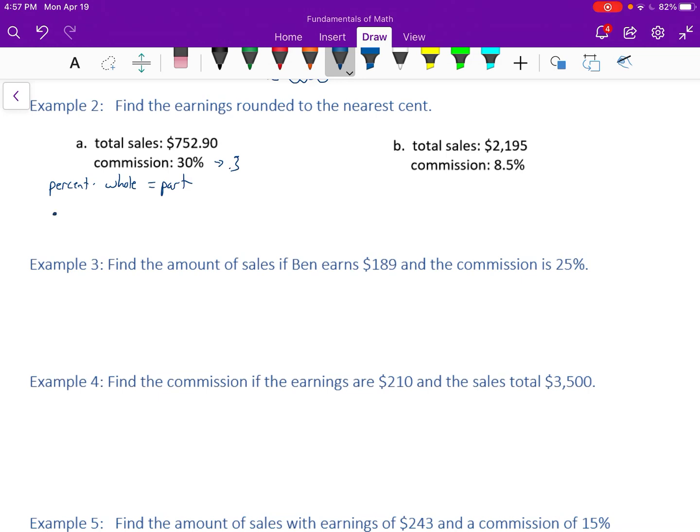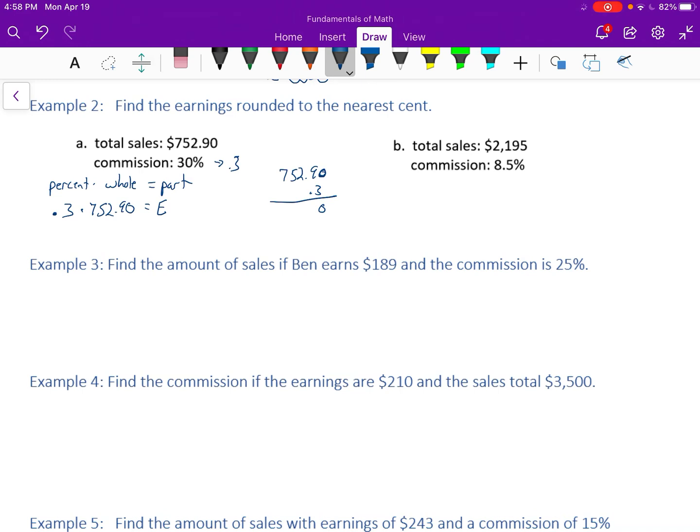It's good commission. Times the whole, that's the total sales, so $752.90 will equal the earnings. So we can multiply that, 752.90 times 0.3. Didn't really need to put the 0 there, but it won't hurt anything.